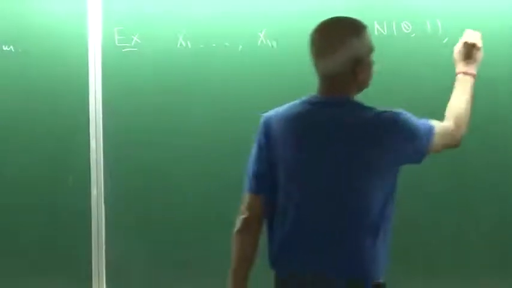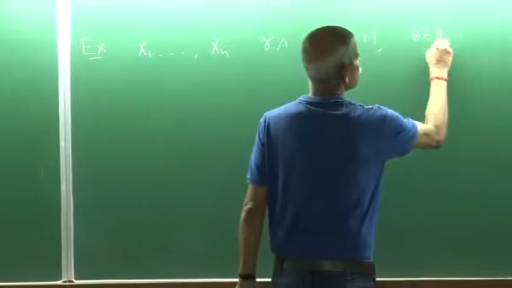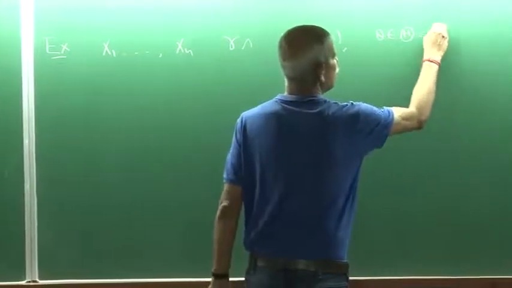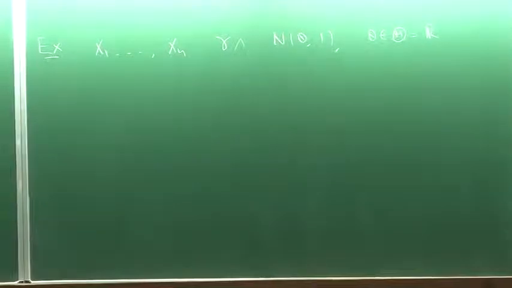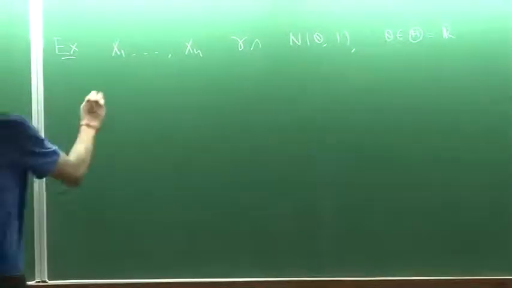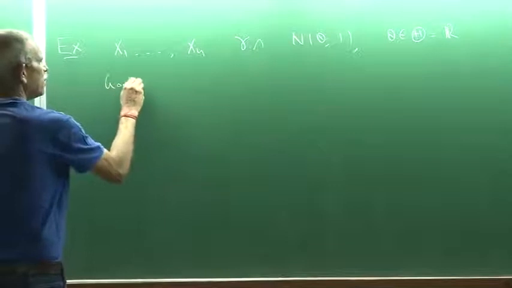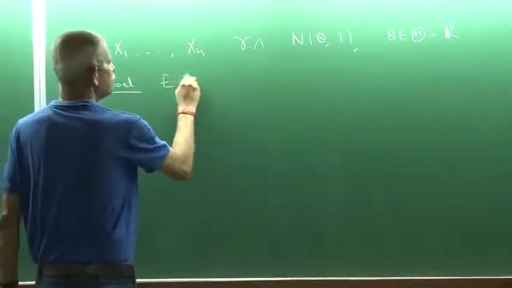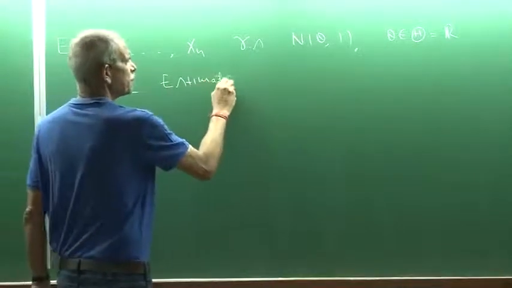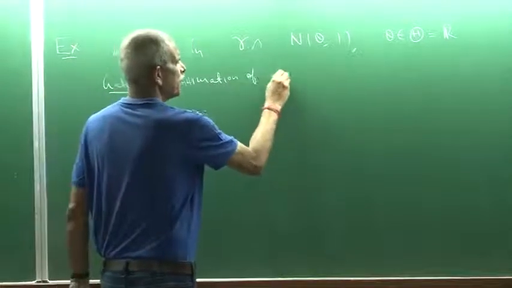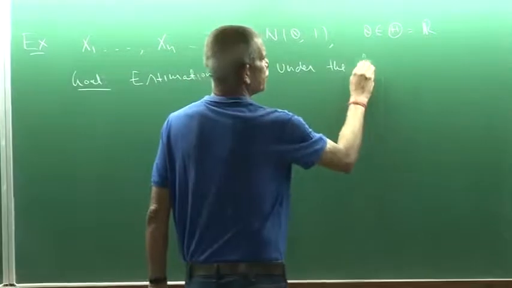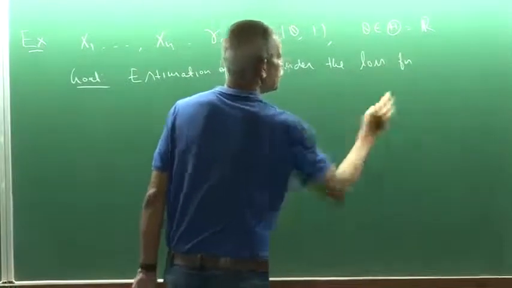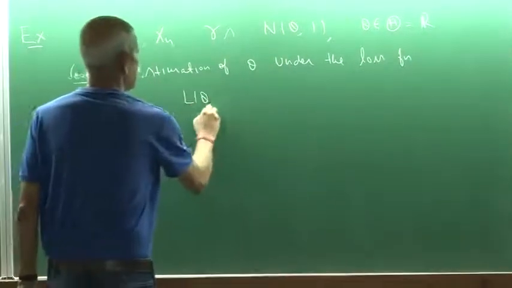My theta is unknown, which belongs to capital Theta, which in this case I assume to be the whole real line R. The goal is estimation of theta under the squared error loss function. So my loss function is squared error.